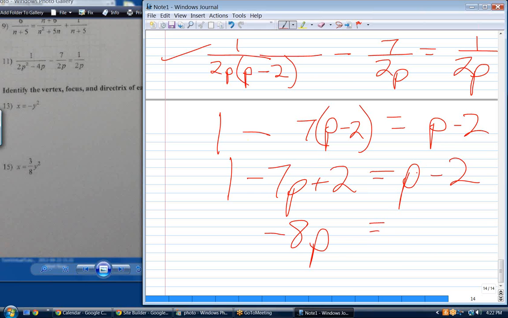The way I like to think about it is I'm going to move a p over to here, giving me minus 8p. And I'm going to move all the numbers to the other side. Well, I've got a 1 and a 2. That makes 3. I move it to the other side. I got minus 5, because I still got this minus 2 over there. So p is equal to positive 5/8.